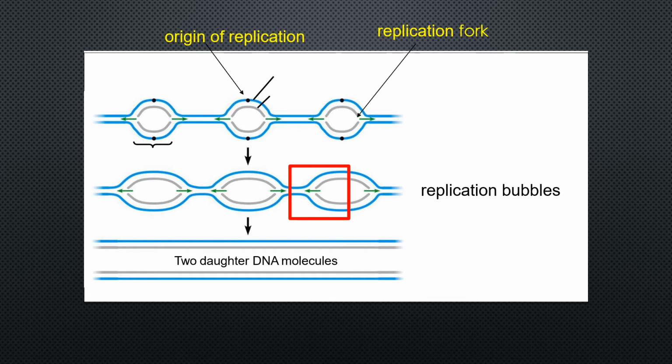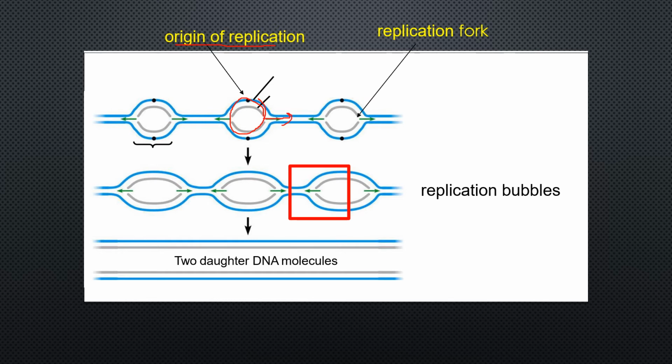eukaryotic cells have multiple sites where they start that replication. It doesn't just start at one end and work its way to the other. To make it a little faster, it has different points that we call the origin of replication. And so at the origin of replication, we need to open up that helix and allow the DNA to be replicated.